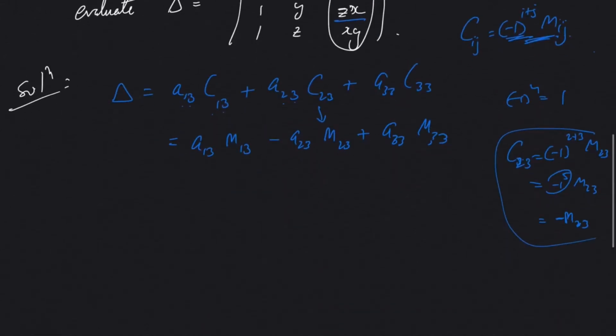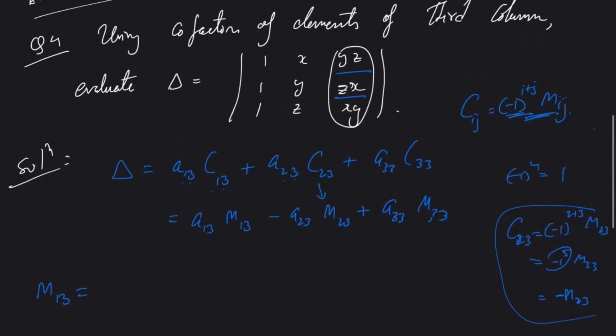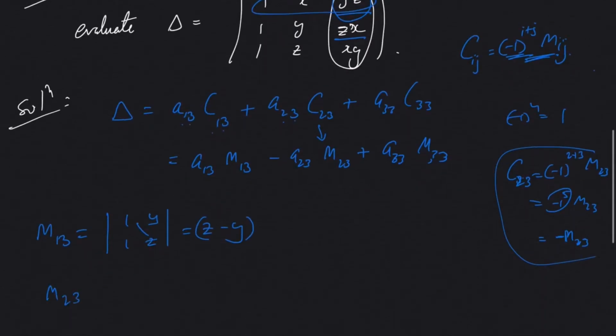So now let's quickly find out M13, that is the minor of this element. Rejecting its row and column, it will be the determinant of 1 y, 1 z. So cross multiplying, z minus y. M23, that is this element.